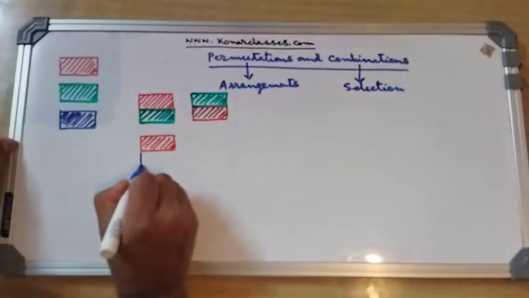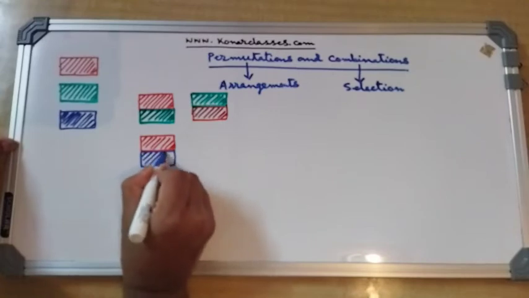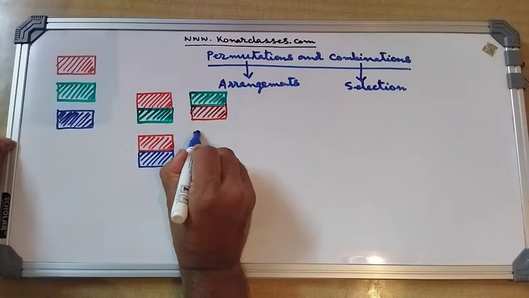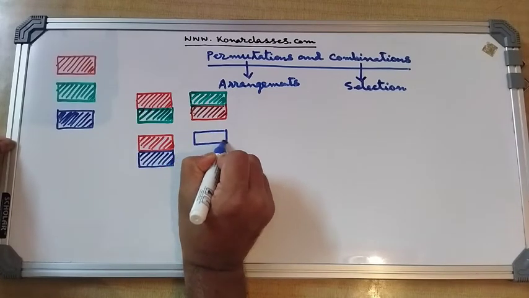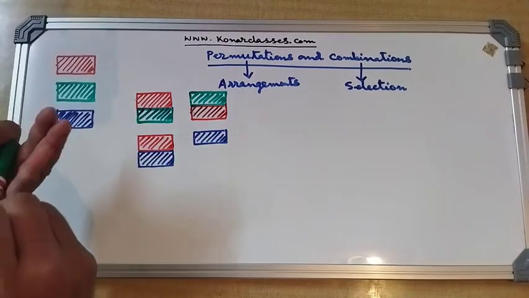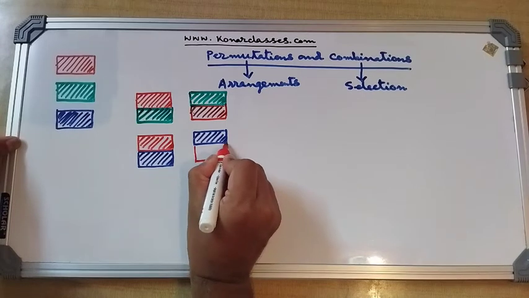Correct? Or we can keep the blue one at the top, and at the bottom we can keep the red one. So this is also another arrangement. Correct?